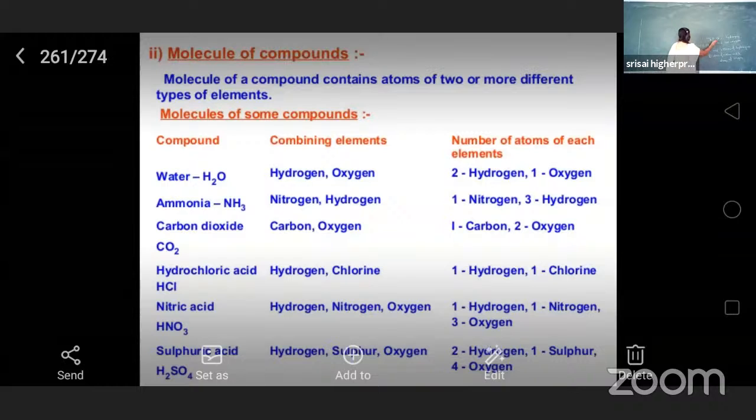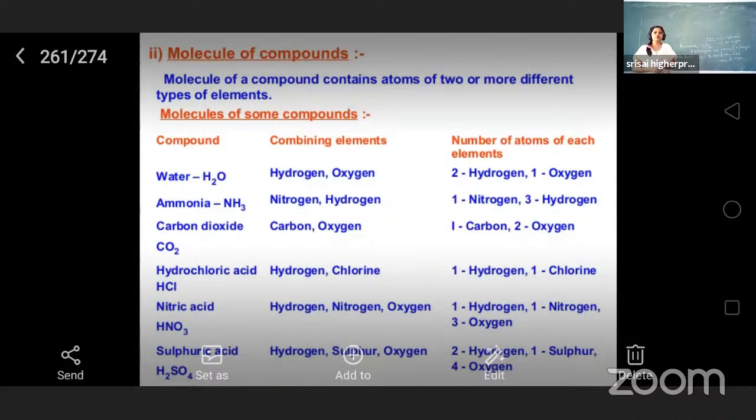Water is H2O: H is hydrogen and O is oxygen, two hydrogen and one oxygen. Ammonia is NH3, nitrogen and hydrogen, one nitrogen and three hydrogen.